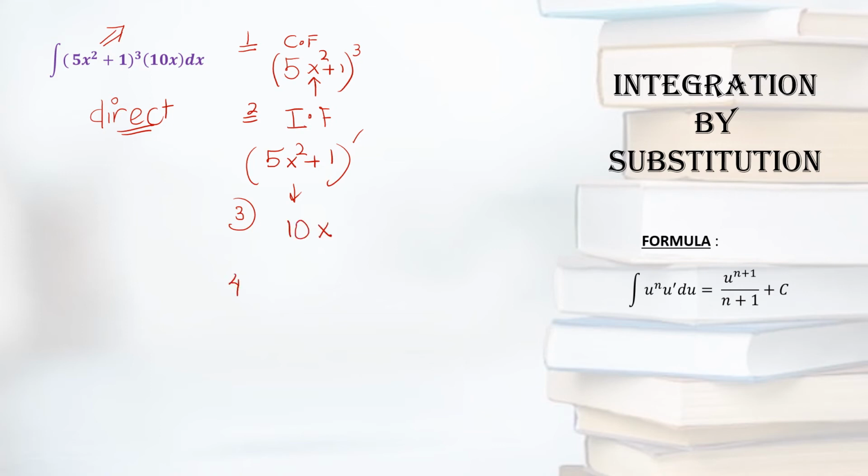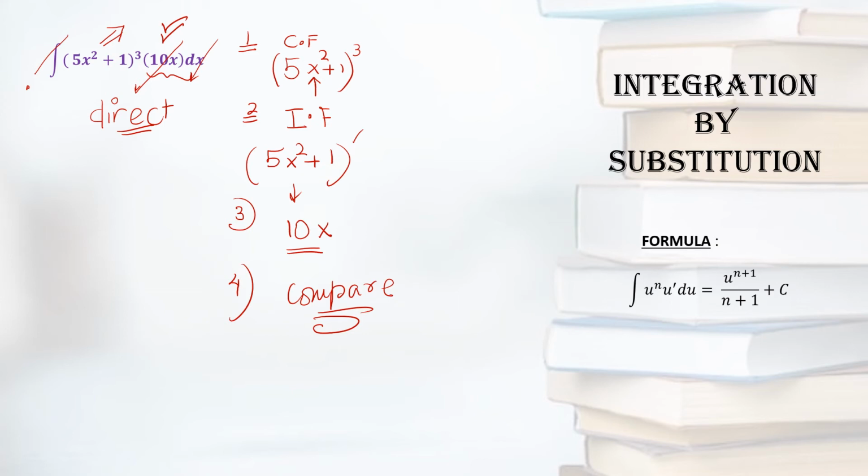Now the fourth thing is to compare and find out if you have the 10x in the question or not. Yes, you have it. If you have it, what you do is ignore the integral sign, ignore the derivative of the inner function, ignore the operator of the antiderivative, and apply the power rule on the outer function.